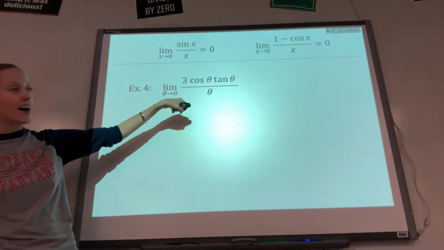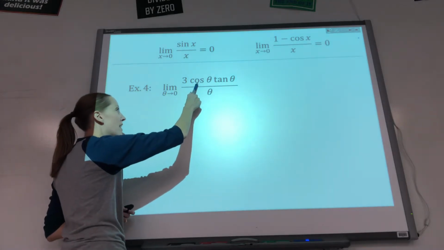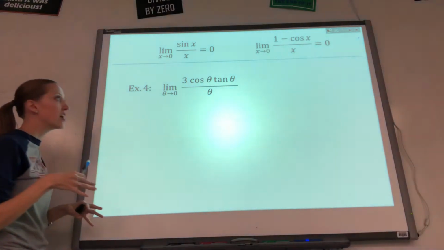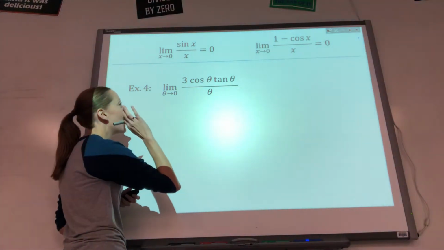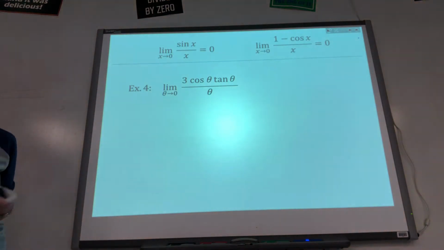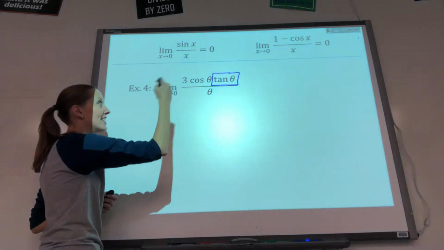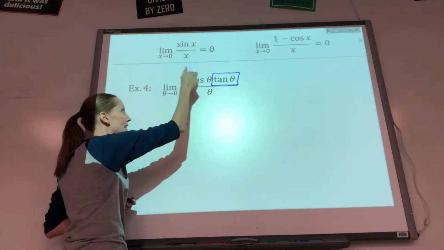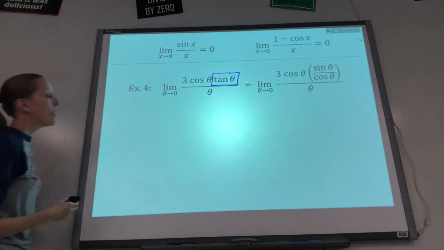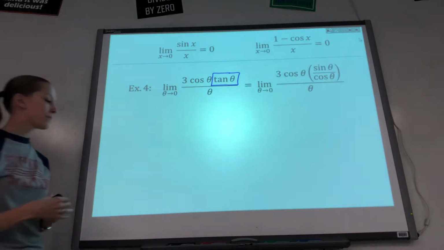Now, we spend a lot of time with trig identities in trig, but anytime I see cosine and tangent together, or like sine and tangent together, I immediately think of my quotient identities. What does tangent equal? Sine over cosine. Let's leave 3 cosine of theta alone, but replace tangent of theta with sine of theta over cosine of theta.